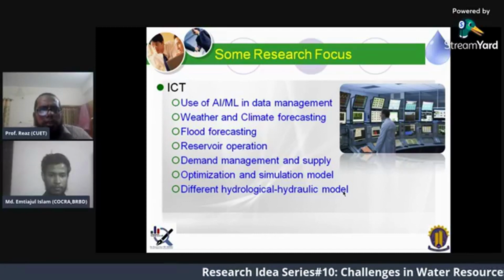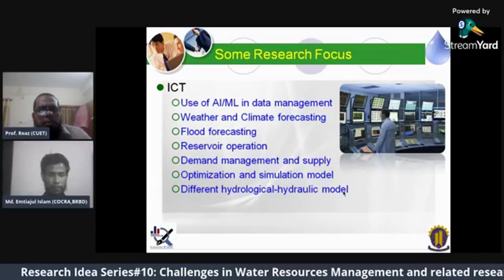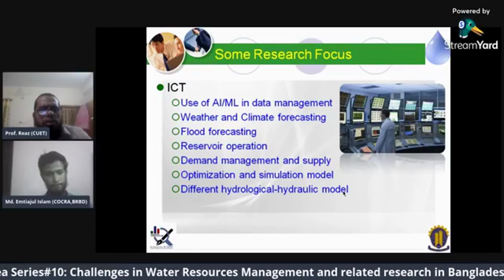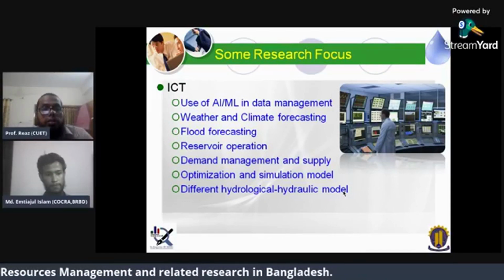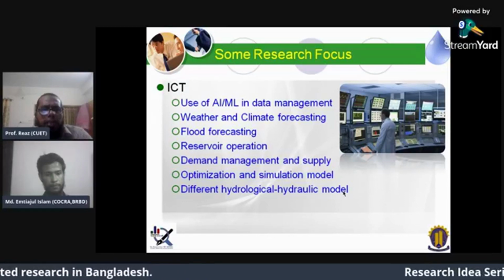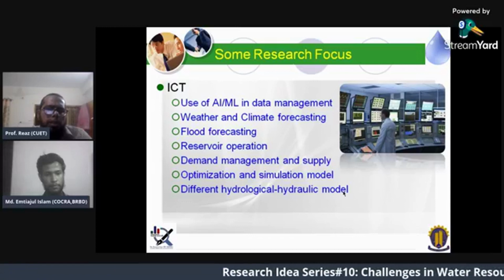Reservoir operation is another big part of this mathematical and computer programming related research. The reservoir operation, although reservoirs are not very common in Bangladesh. Demand management, demand supply, that means demand forecasting and supply forecasting.